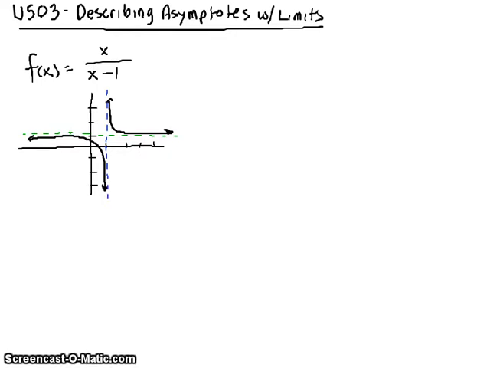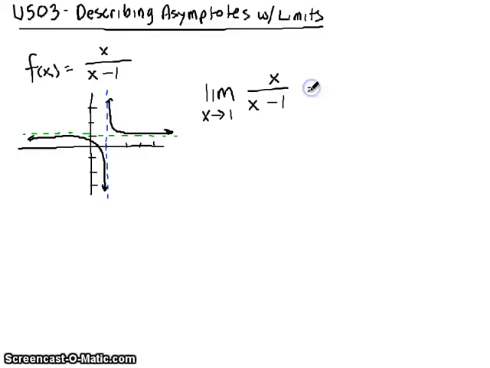So when they're asking about a vertical asymptote, they're really going to ask you this limit problem here. So the limit as x approaches 1 of x over x minus 1. So our first thought process is, alright, I see a limit problem. I want to plug in the value that I'm approaching in for x.